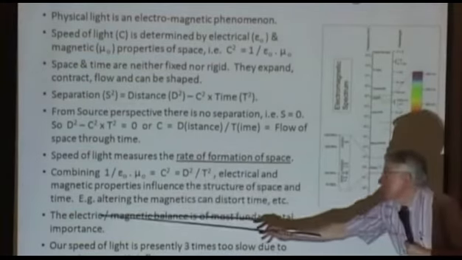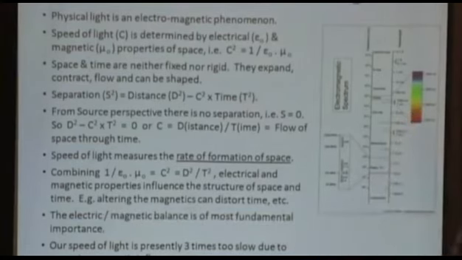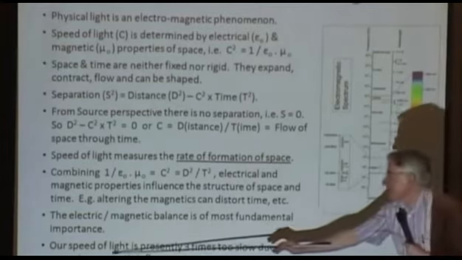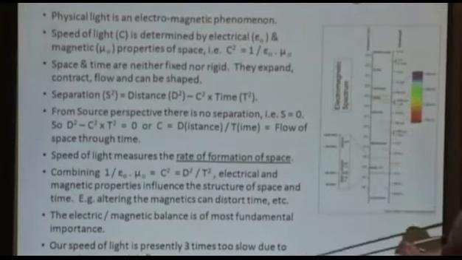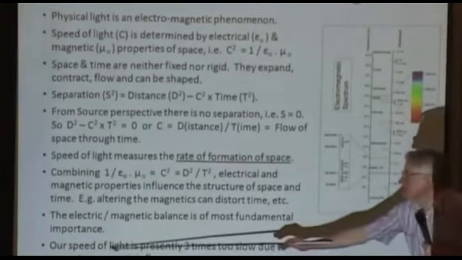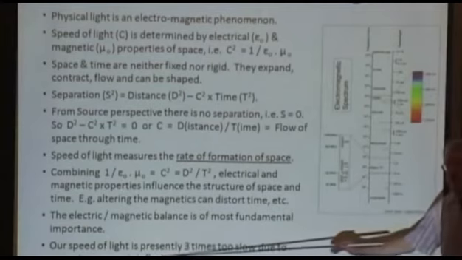So the electric and magnetic balance is of most fundamental importance because it determines the whole structure of everything in creation. Now, in the Dance for Life material, Ash indicates that the speed of light is presently 3 times too slow because of excessive magnetic influence.